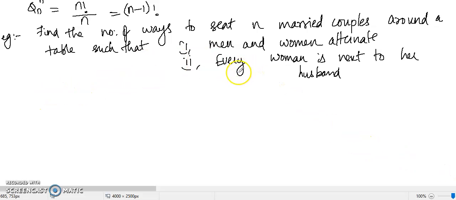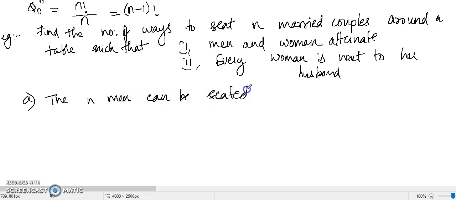Now first, men and women are alternate. So for the first part, let us seat all the men. The remaining women can be arranged between men. So n married couples, so there are n men, so they can be seated in n minus 1 factorial ways.